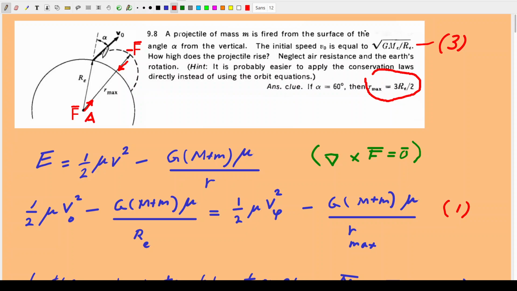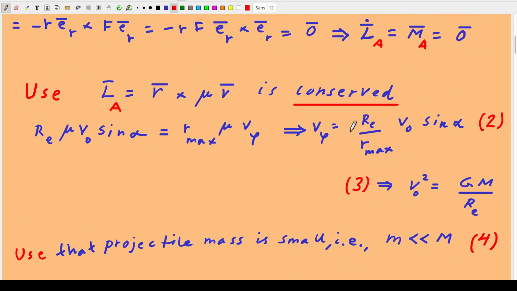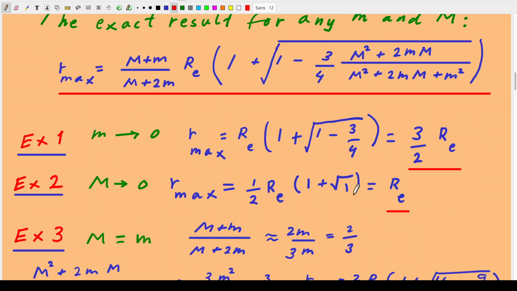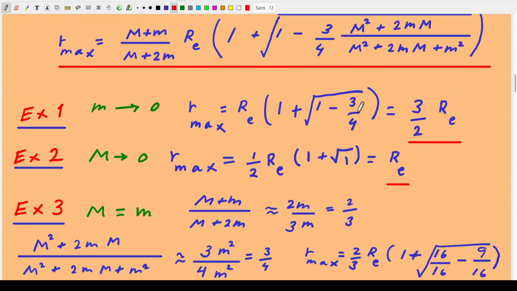So in fact, then we start with a situation that the projectile is not moving at all. So it will remain at the Earth radius position for all times. So of course then the rmax is also the same as the Earth radius. So that was a little fun fact following automatically from the full formula.